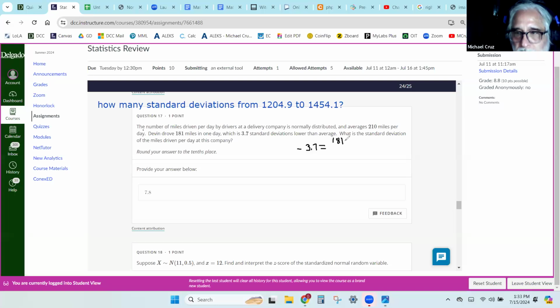That was his X value. And then this is what we don't know. That's a variable. So essentially what we do is solve this equation, and what I'm doing is just cross multiplying like that.